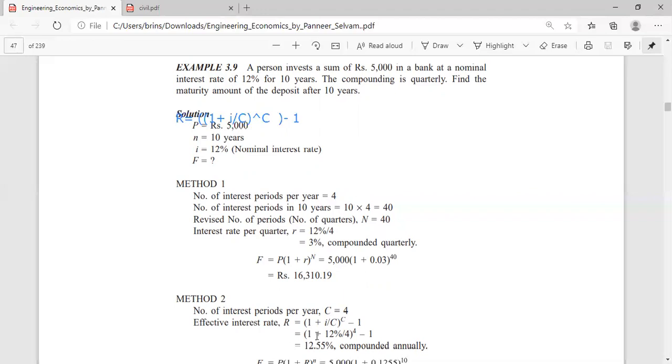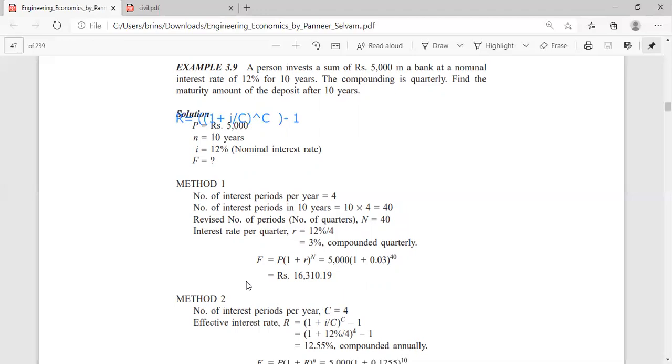So here you have F is equal to P, where P is your principal. The principal is 5,000, and R is your quarter-period rate. Everything is converted. For the quarter period you have taken, the total number of quarters you are going to deposit for is the maximum period, that is 10 years, so that is your 40.